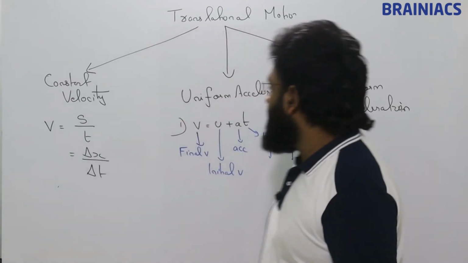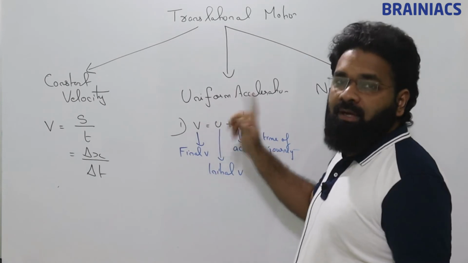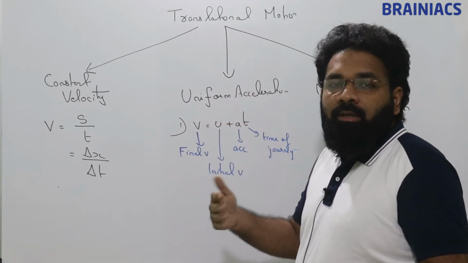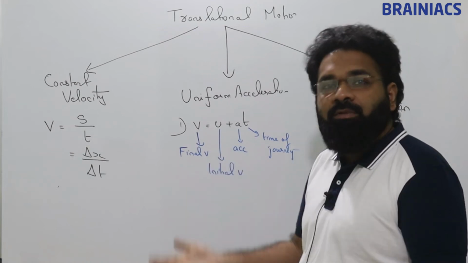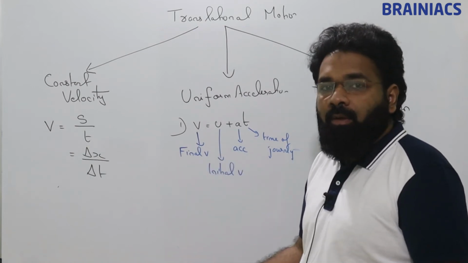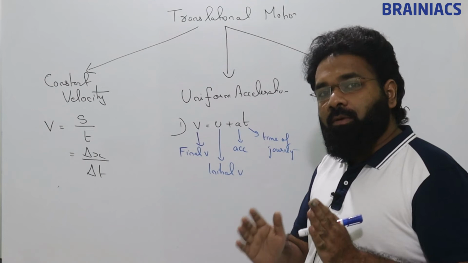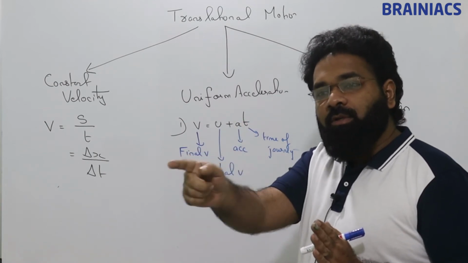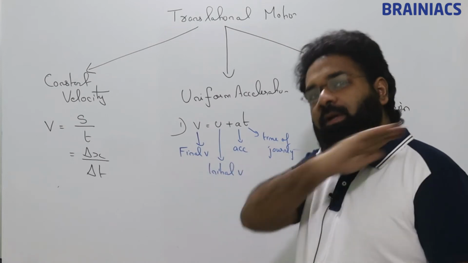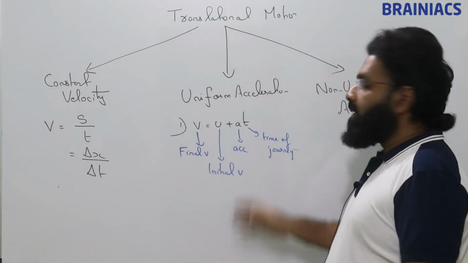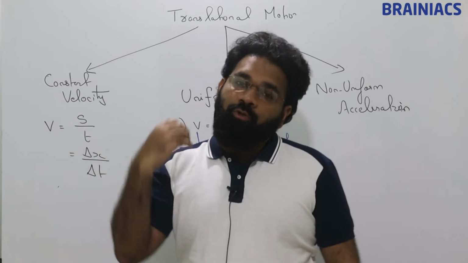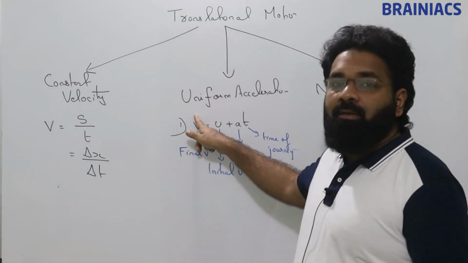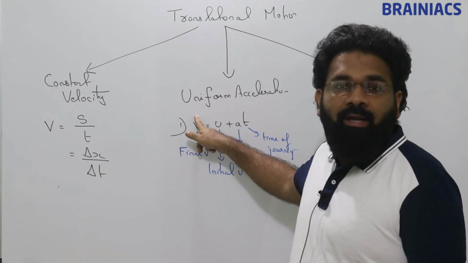For example, if someone says initial velocity is 10 meter per second, it does not mean he is not starting from 0. He must have started from 0, but the person who is observing started observing at that point of time, when the initial velocity is 10 meter per second. So we will take it like that. And definitely this person is going to stop the vehicle somewhere, so the final velocity should be 0, but it is not like that.